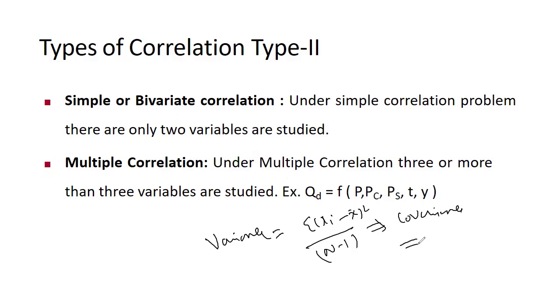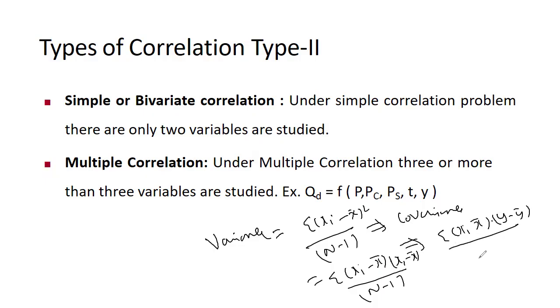Covariance means when we take two variables: xi minus x bar into yi minus y bar, divided by n minus 1. In a covariance, there are two variables.